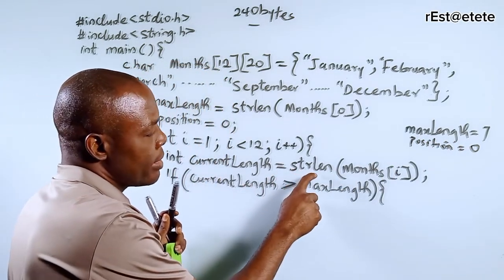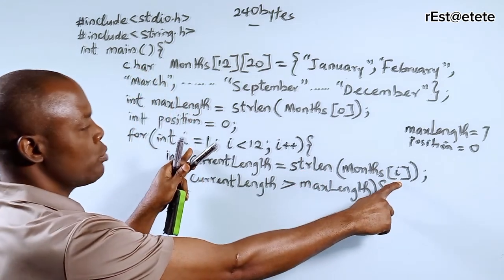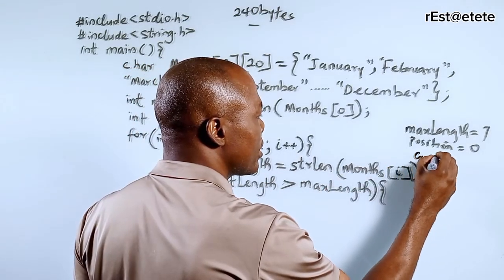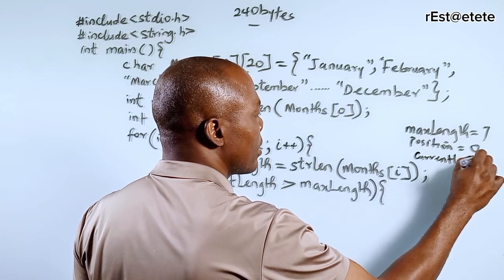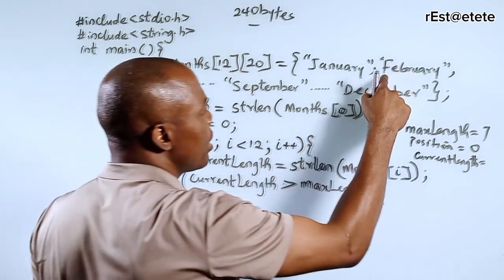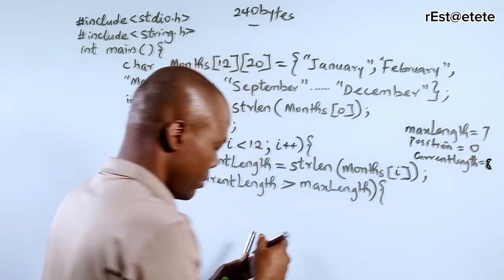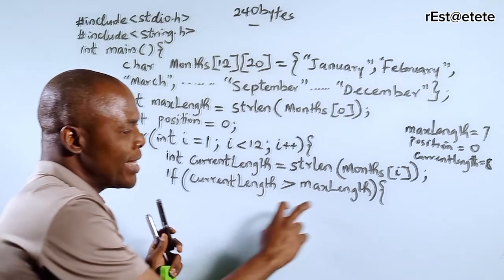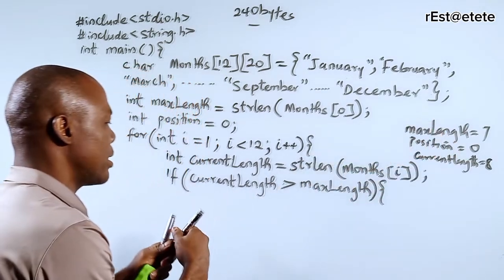Now I am checking. Current length is string length of month i, which is month 1. So current length is checking the next month, which is February: 1, 2, 3, 4, 5, 6, 7, 8. So it's carrying 8. Can you see that? Now, if current length is greater than max length, go in and assign current length to max length.